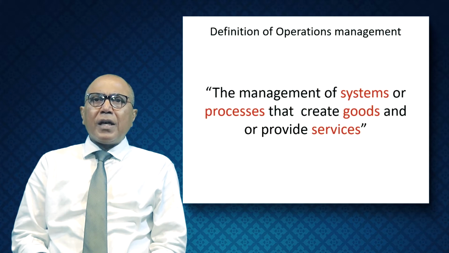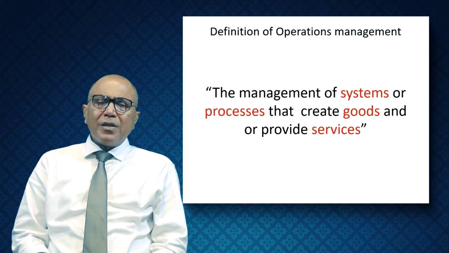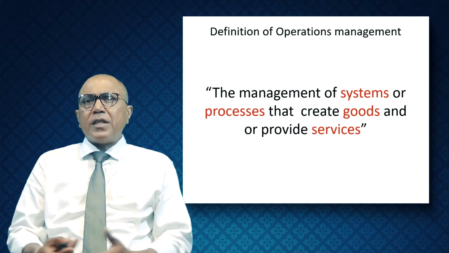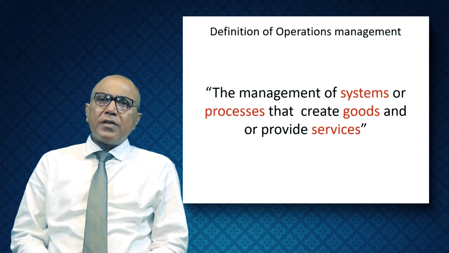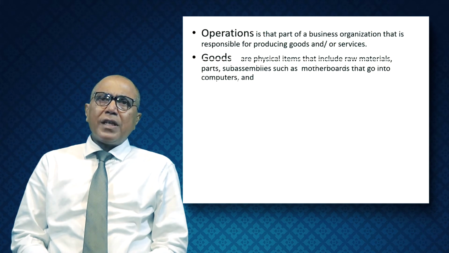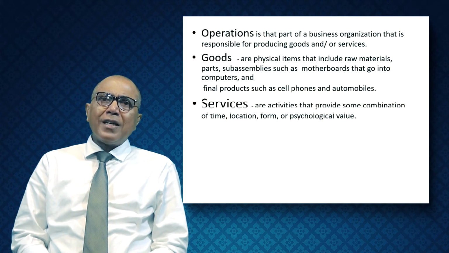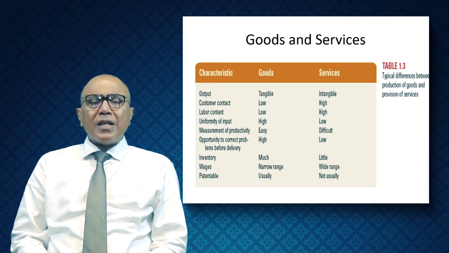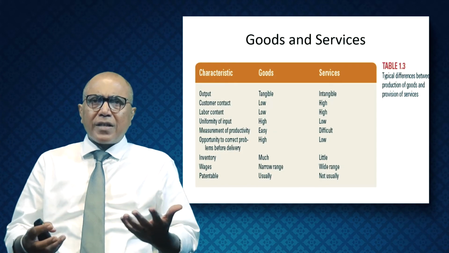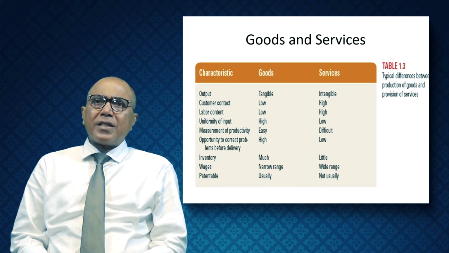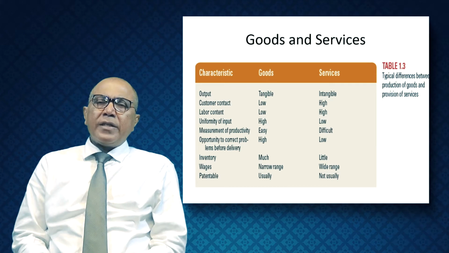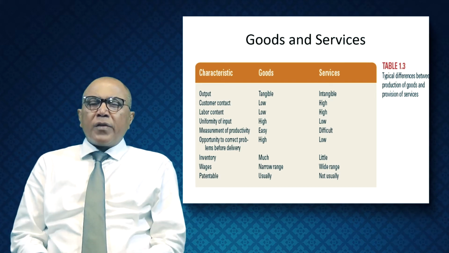The basic definition is the management of systems and processes in any organization to create goods and services. So you know what the goods are, you know what the services are. I'm not going to go into more detail on this, but the basic characteristics are that goods are mostly tangible, you can feel them, and services are more intangible.